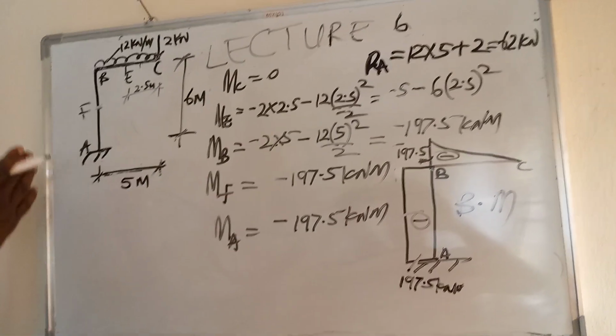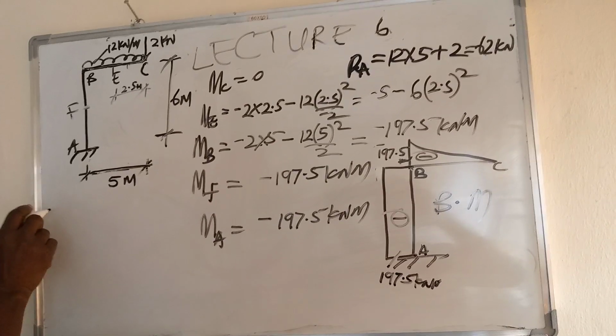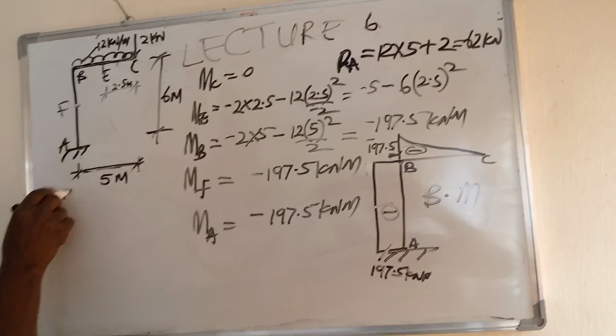So shear force at C, the shear force is minus 2 kilonewton.